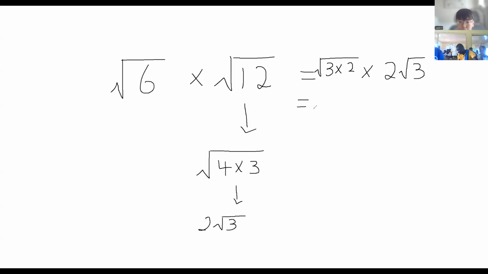This becomes 2 times 3 times 3 times 2, so we can take 3 out as well.